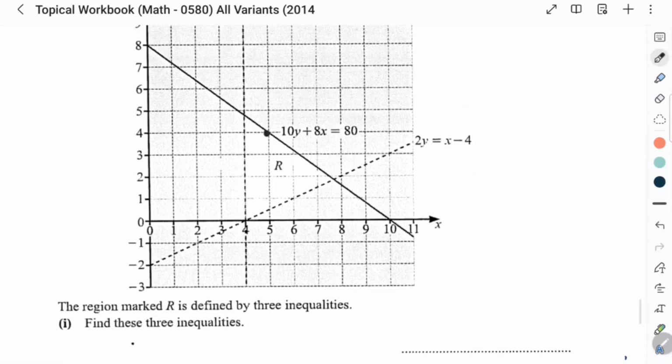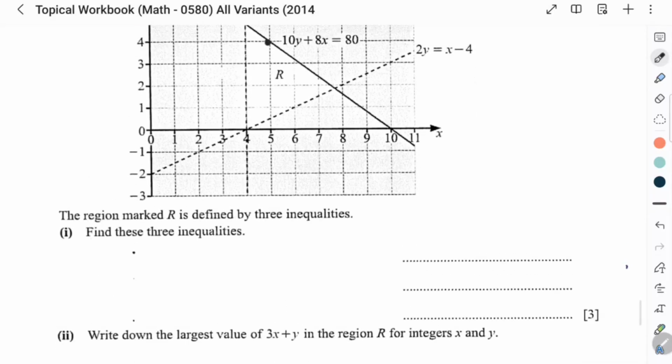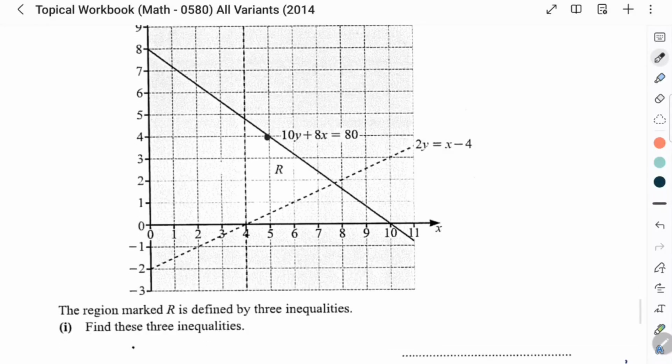Now this is the last question we are doing. In this question we already have 3 lines drawn. Find these 3 inequalities, and one largest value is also required. We can easily see this line is 10y plus 8x equals 80, and the region is below the line, so 10y plus 8x is less than or equal to 80.